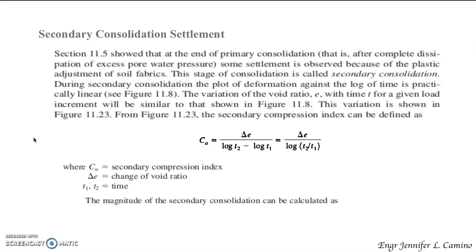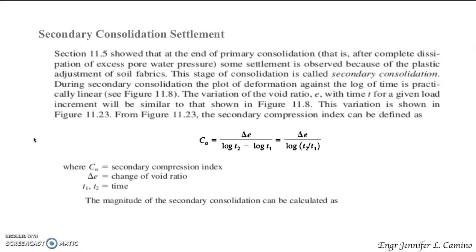Basically, secondary settlement occurs when the primary consolidation was already completed. I mean to say that some settlement happens in the soil after primary consolidation, and that is termed secondary compression, and it is usually time dependent.